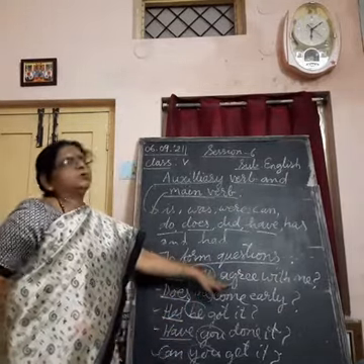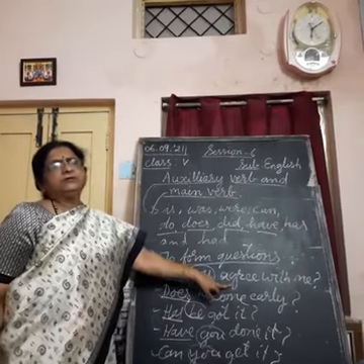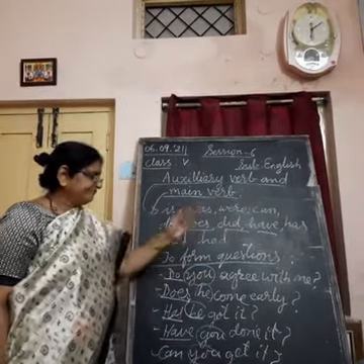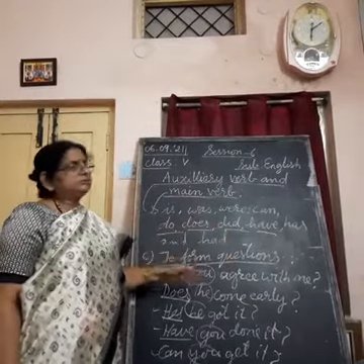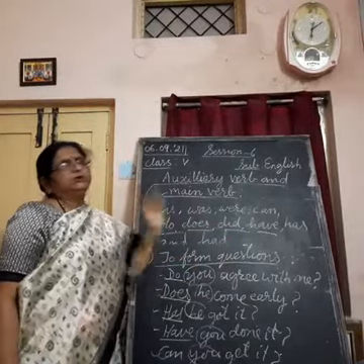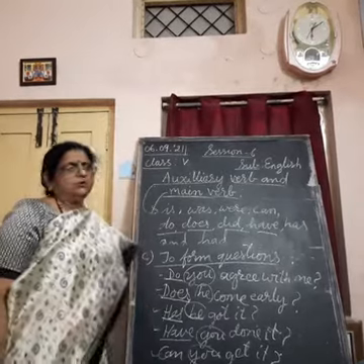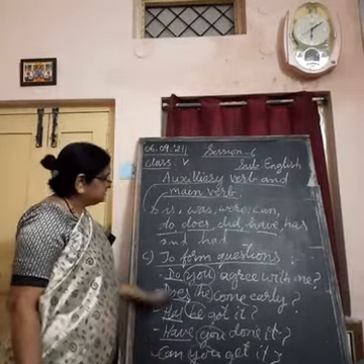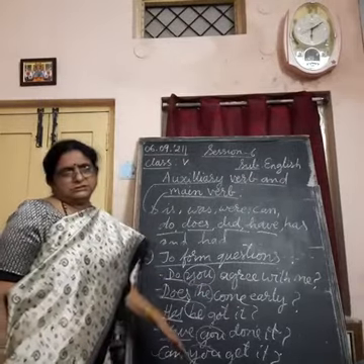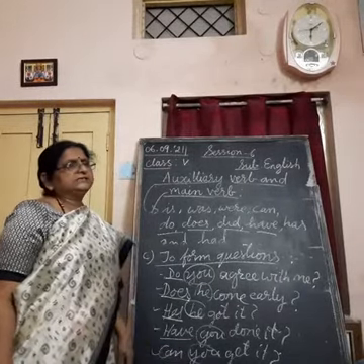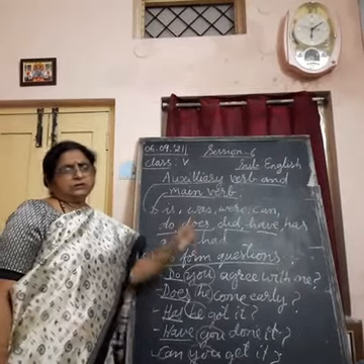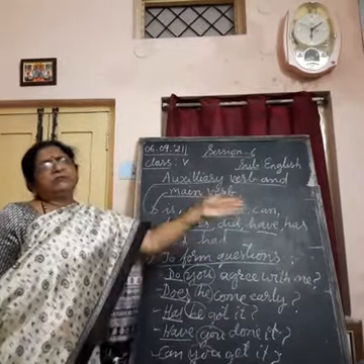Then the subject is followed by the main verb. So in this way, we can use auxiliary verbs to form questions also. We use them in the beginning of the sentence to form questions. Okay. Has he not come till now? Not come. "Has not" will be your auxiliary verb.